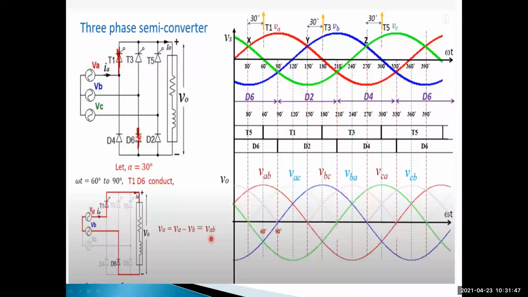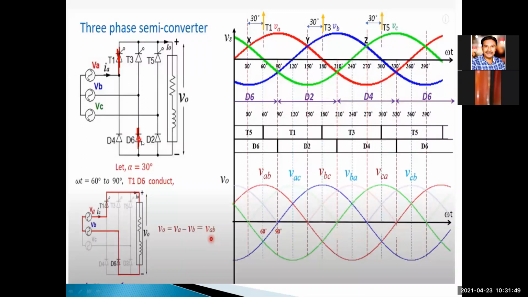For this case, diode D6 is turned on. Diode D6 is forward biased for the negative region, so D6 is turned on here. For 90 degrees to 210 degrees, what is this phase? VC.